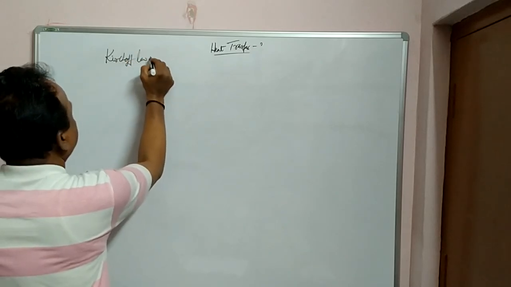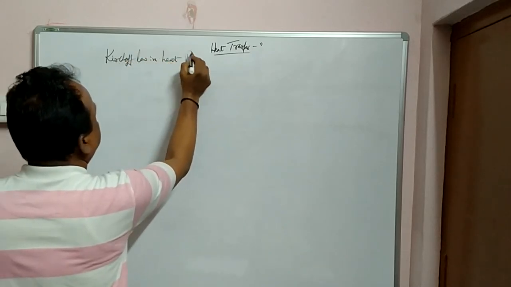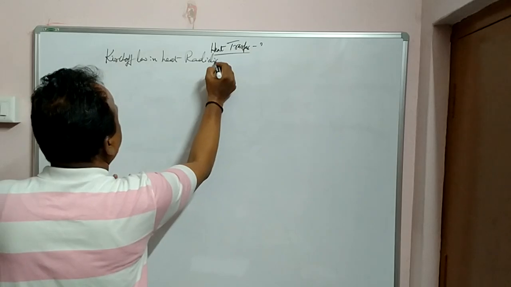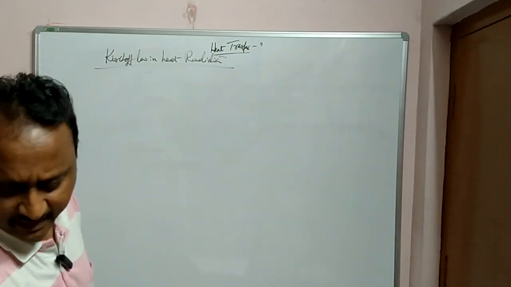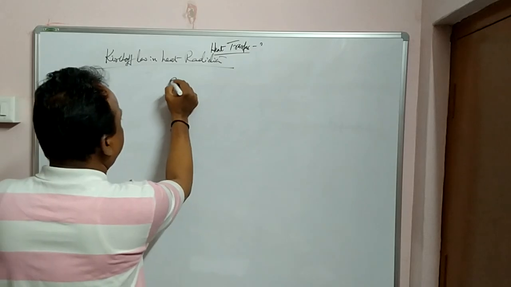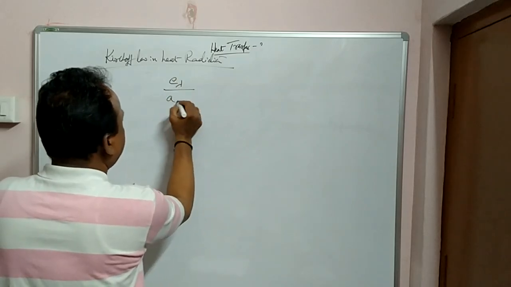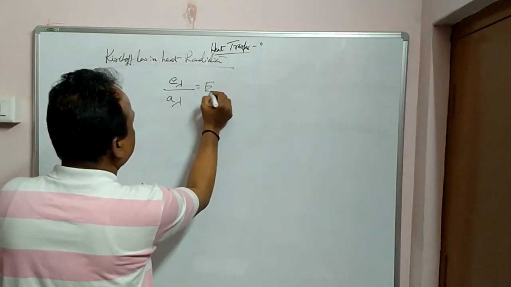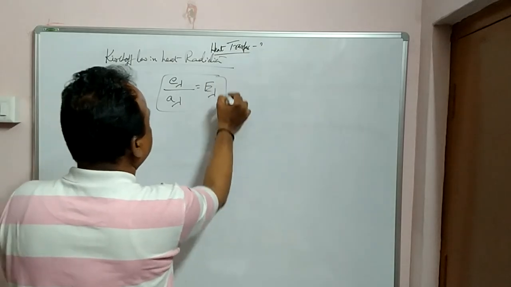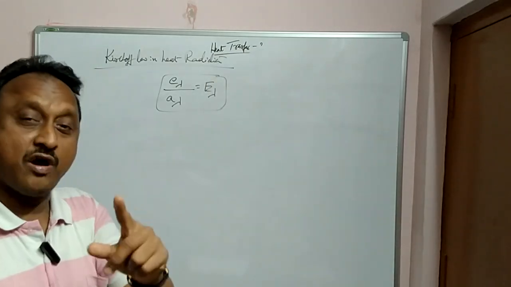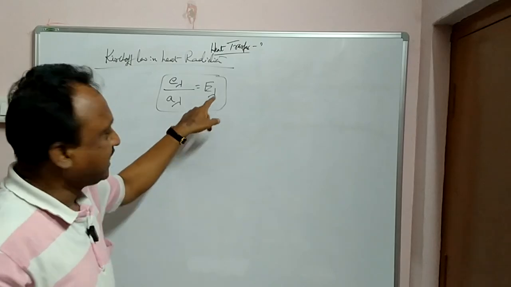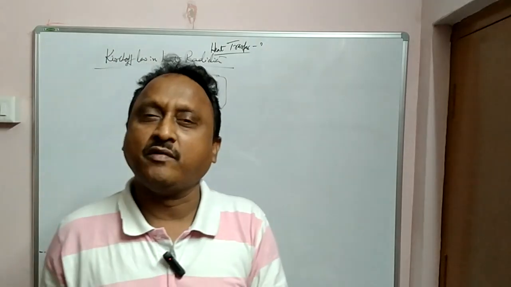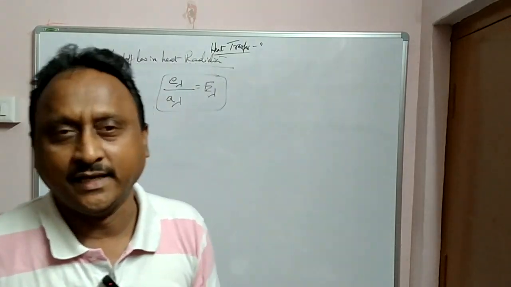According to the scientist, what he is saying is that the ratio of emissive power to absorptive power is equal to the emissive power of a perfectly black body.